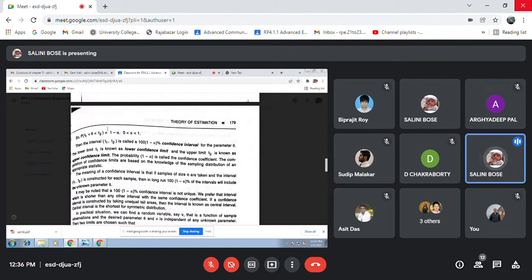This interval T1 and T2 is called the 100 times 1 minus alpha percent confidence interval. That means in between these values, the probability of the population parameter lying is high.